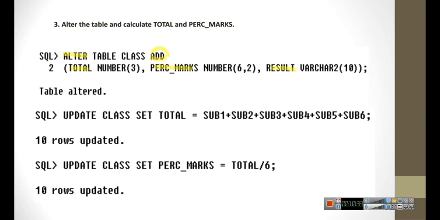If it is 66.662, it is going to display 66.66, that's all, 2 digits after the decimal. Next is result, one more column, varchar of 10. In this result you are going to display pass or fail, closing braces and a semicolon.